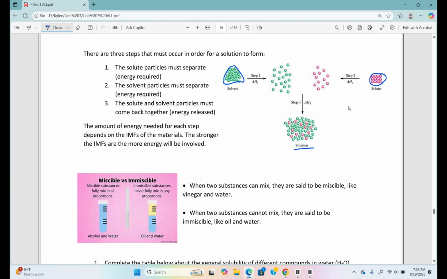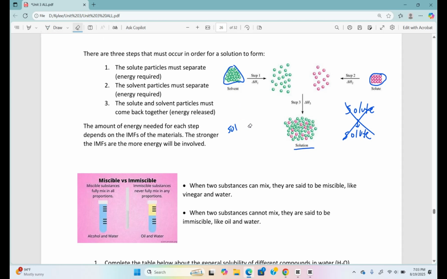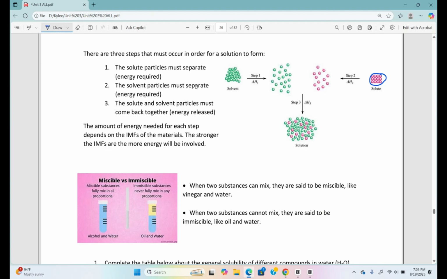If the solute is more attracted to its own solute, no solution will form. If the solvent is more attracted to other solvent particles, again, no solution will form. But if the attraction between solvent and solute particles is strong enough, that's when we start to see solutions form.